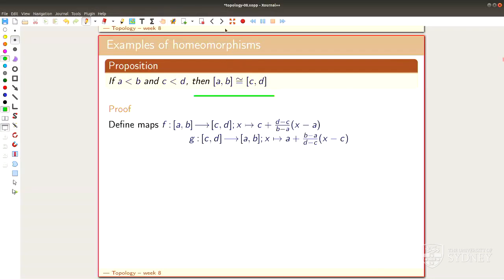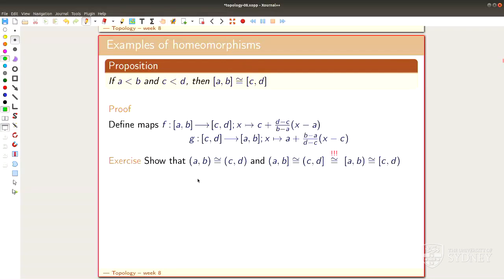And you can do the same. I call it an exercise. I shouldn't call it an exercise. But anyway, if you would like to do it, you can use similar maps to show that the open intervals are also the same. So here an endpoint was involved, doesn't really matter. And the half open ones are also the same. And we even have this property, maybe I can draw that: if it's open at one side, say open at the right, and it's closed at the other side, you can always turn it around.